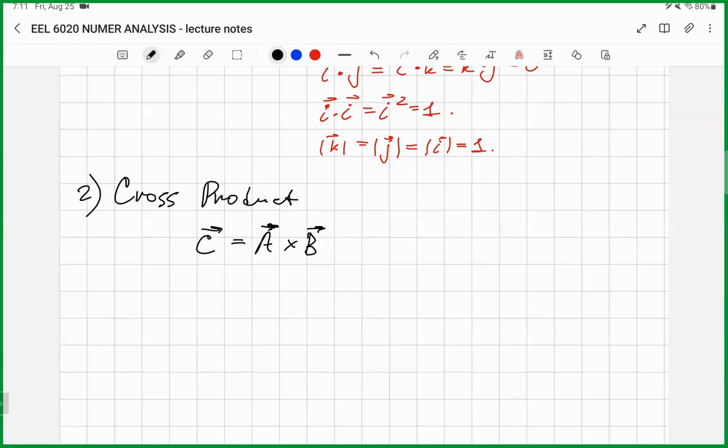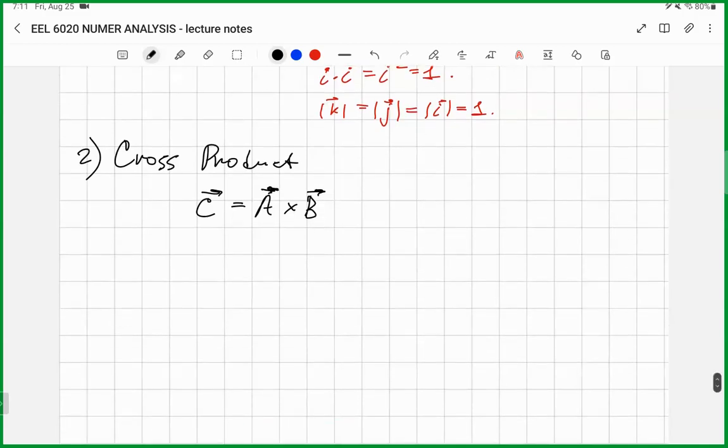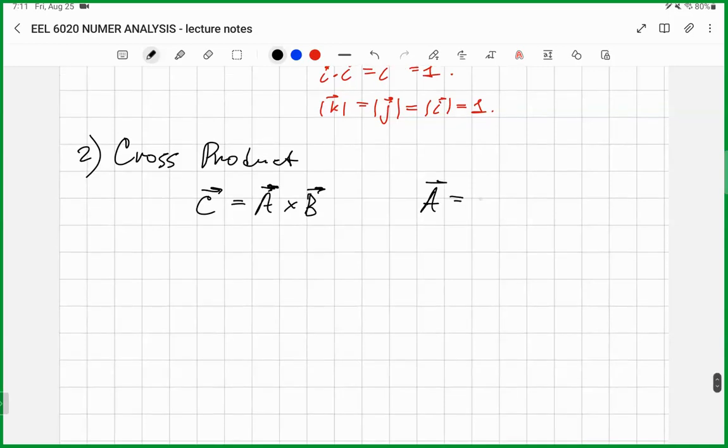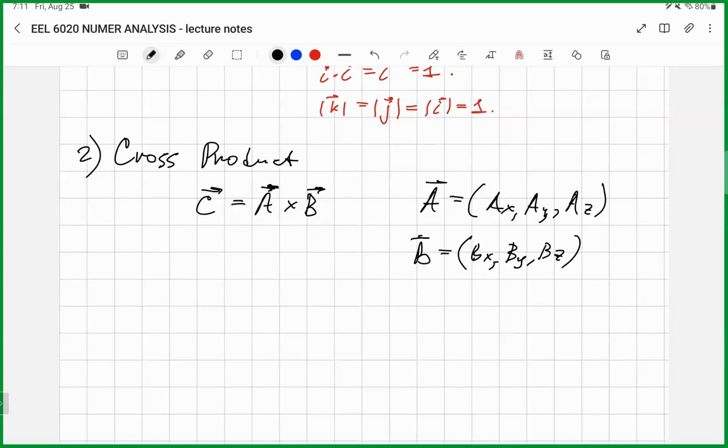How do we calculate this product? Suppose we have a vector A with components AX, AY, AZ, and vector B with components BX, BY, BZ, right? So the result of the cross product is a determinant.